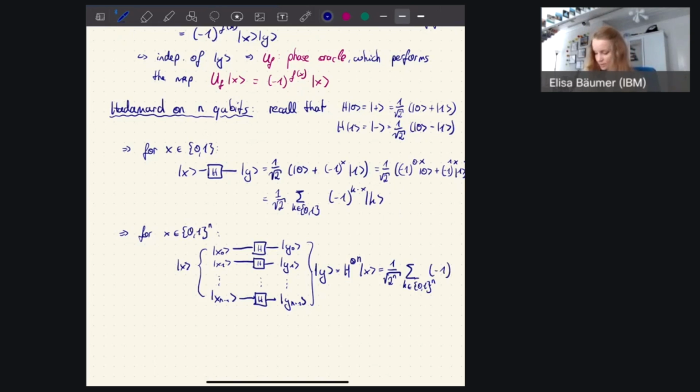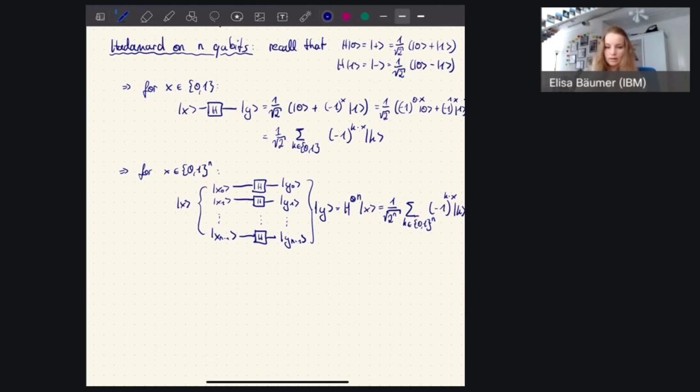And then we have (-1)^(k·x), as before, times |k>. And here k·x is now the inner product of the 2 bit strings k and x. It's maybe not obvious that this holds, but you can quite easily show, for example using induction, that this follows.